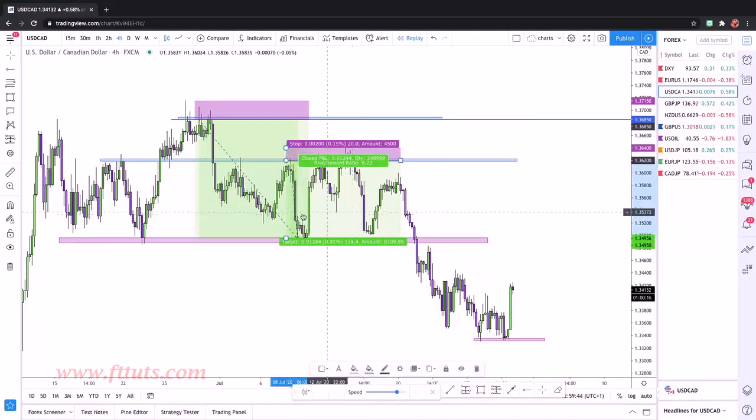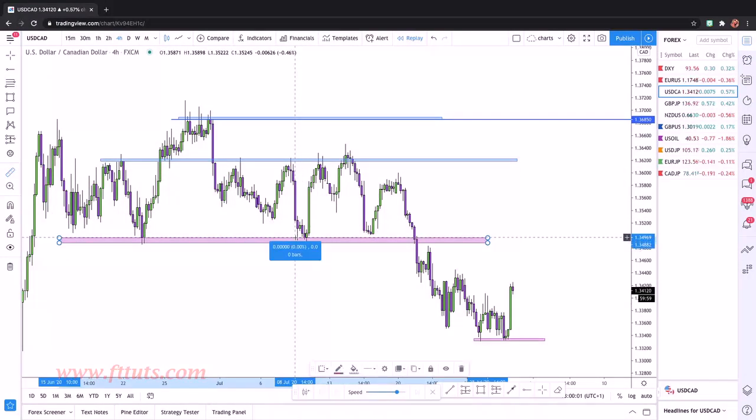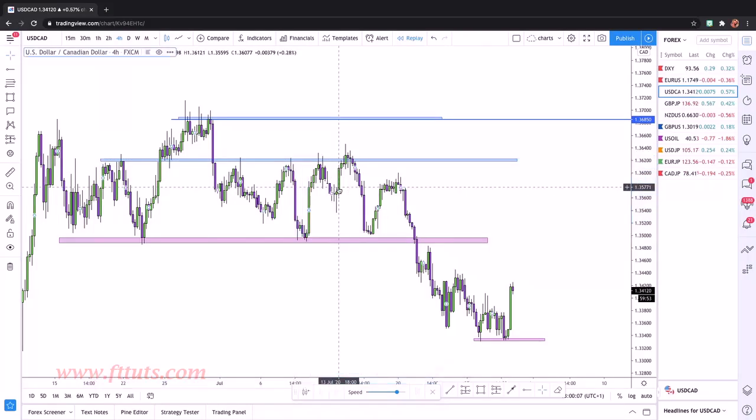So what ends up happening is it tests support and then goes back up. So when you're counter trend trading, it just means you're following the trend, but you can also take the opposite position when you're at a certain support. So let's say you took a buy at this level and then took it back up to that previous resistance. That's again 124 pips.